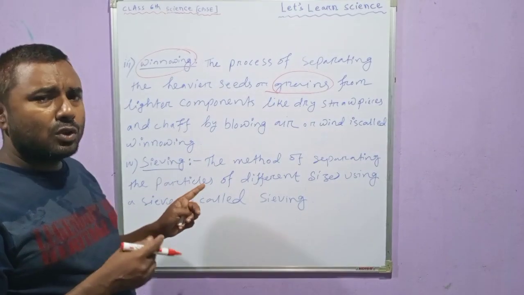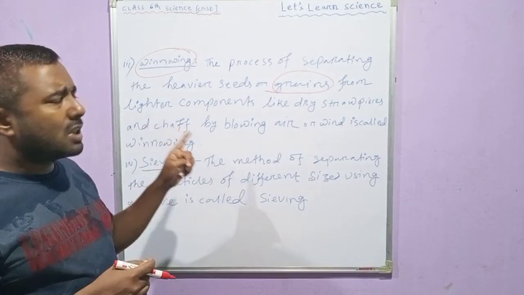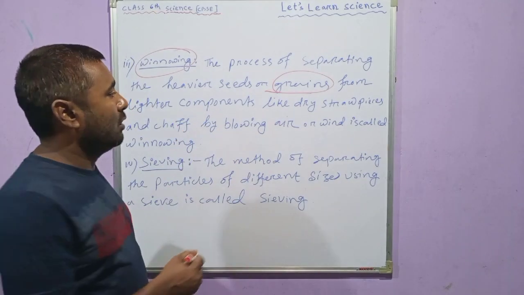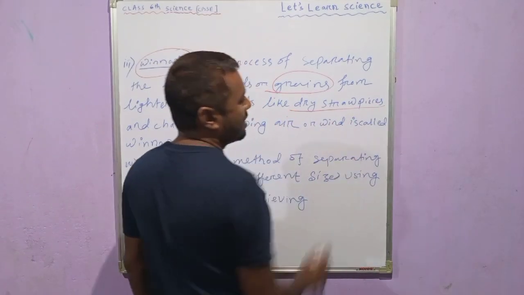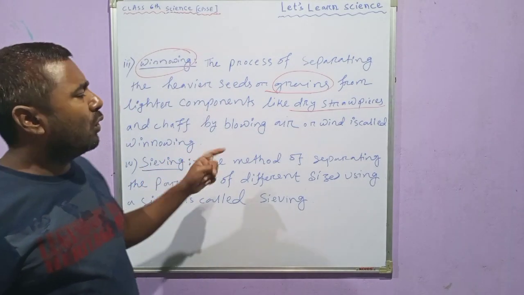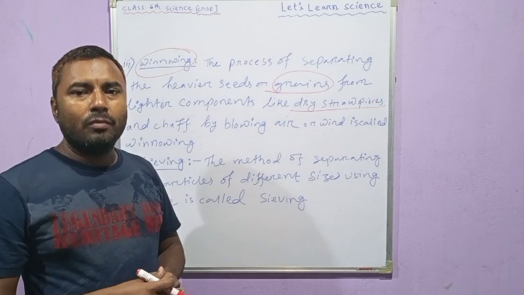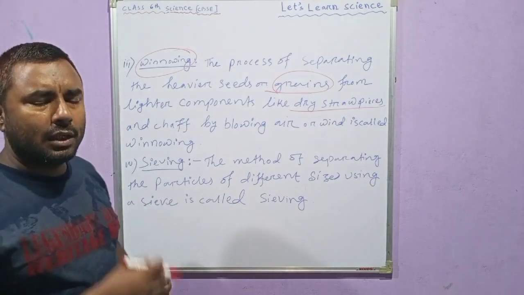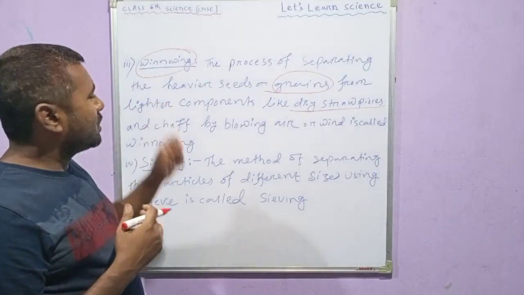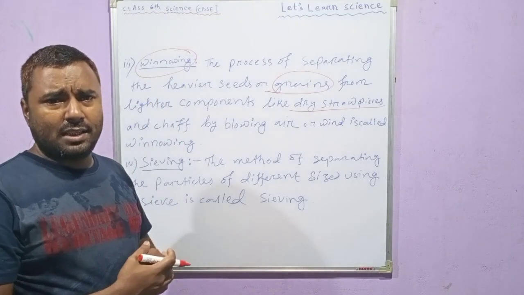The heavier seeds or grains are separated from the lighter component, like dry straw pieces, by blowing air or wind, and that process we call winnowing. And this process is applied just after threshing.